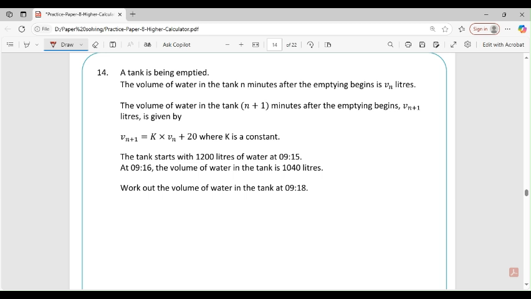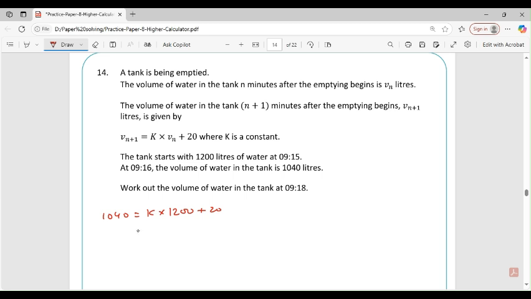If it is the second minute, it's going to be n plus 2, n plus 3, n plus 4 liters. The formula is already given. First of all, we need to find out the value of k. So it says 1040 is equal to k times 1200 liters plus 20, which is a constant value.